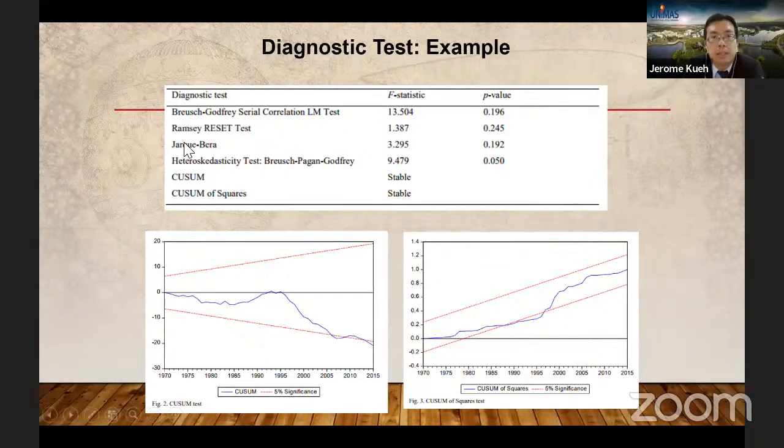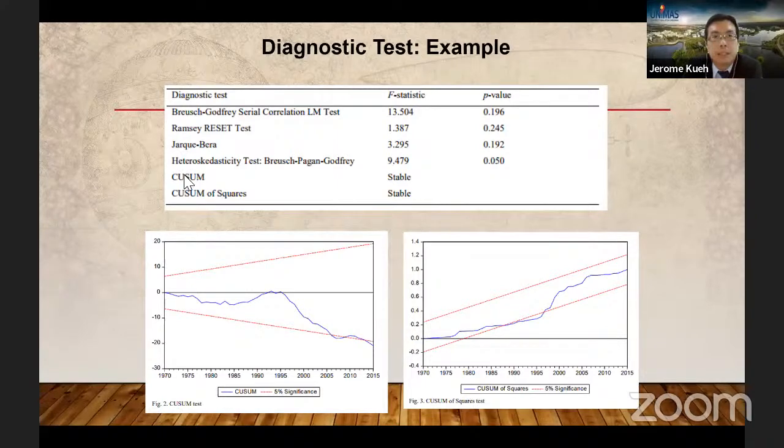The Jarque-Bera is the normality test, to see whether there are any outliers. Then there is the heteroscedasticity test, to test the behavior or variance of the observations. Do they stay the same or carry different variances? So these are quite standard diagnostic tests that we need to perform.